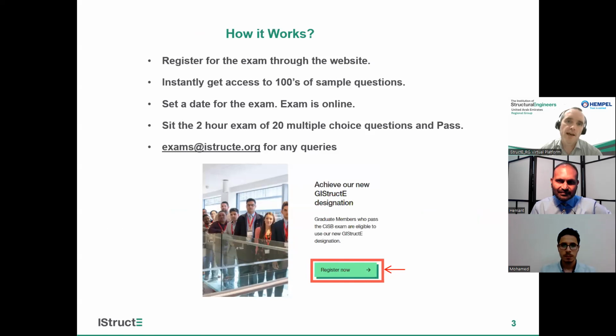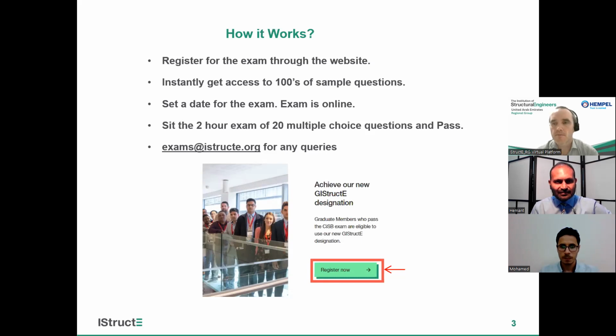You will then get access to hundreds and hundreds of sample questions, and you can, in your own time, practice them. When you practice these tutorials, they give you a mark at the end, and they can tell you what questions you got right, what questions you got wrong, and it also gives some commentary on the correct answers and how to arrive at the correct answer.